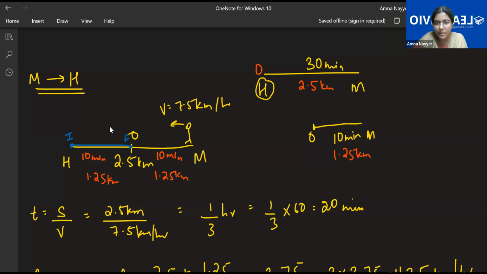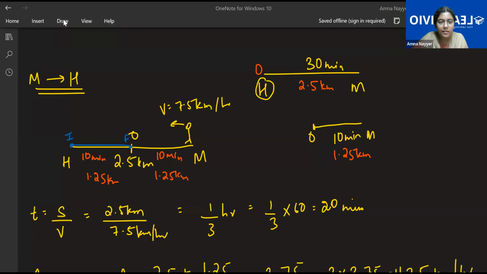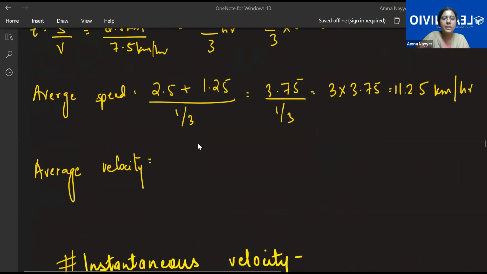Tell me, class, is this displacement part clear to you? Any doubts? Anything you want me to repeat? Anyone? Ma'am, can you repeat this again? See, displacement means shortest path. So how is the person going? Person went from home to the market, and then he came somewhere here in the midpoint.